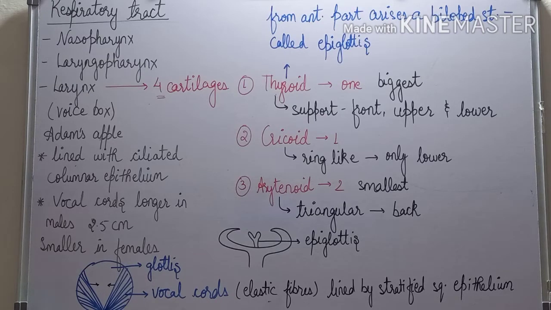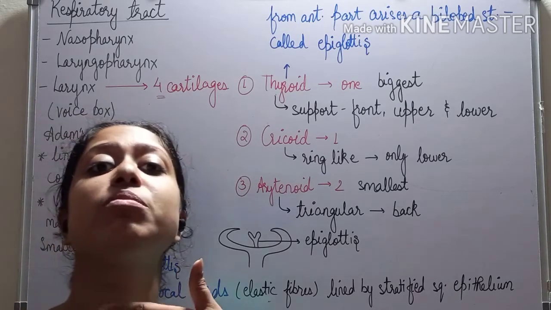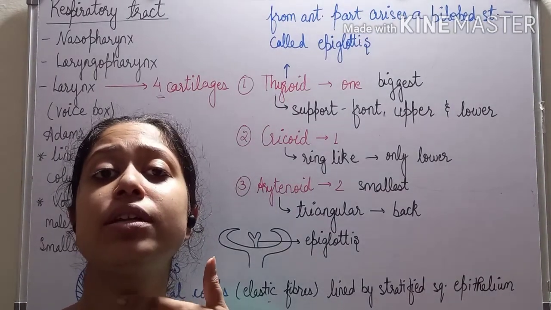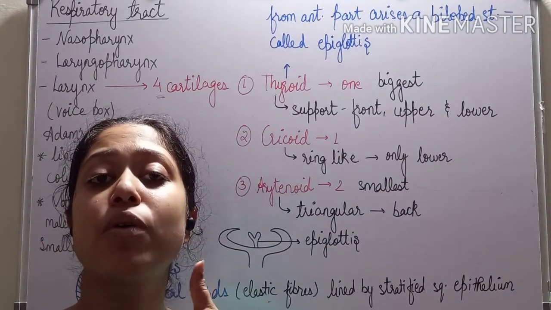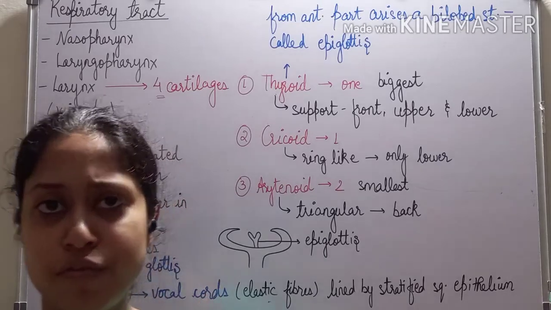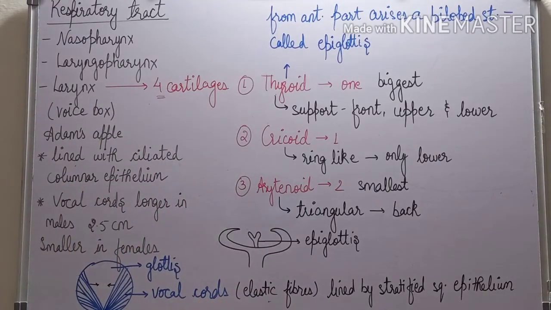That heaviness of their voice is because of the longer vocal cords. As well as that, their voice box or larynx is visible from outside. In some it is prominent enough that a swollen part can be clearly seen from outside.